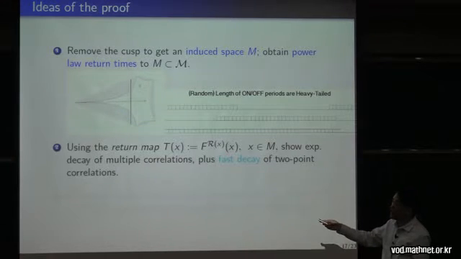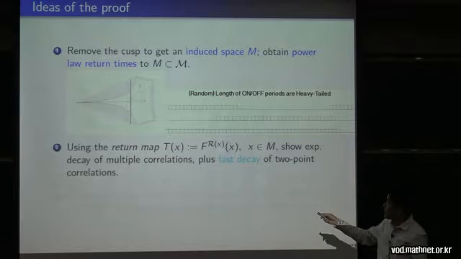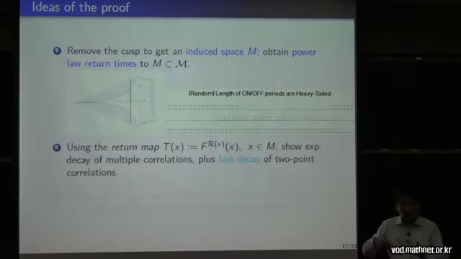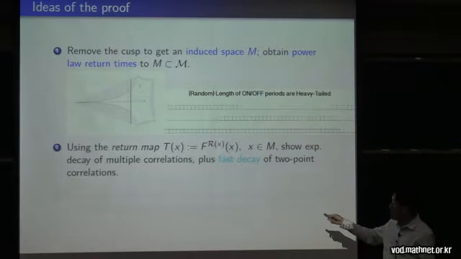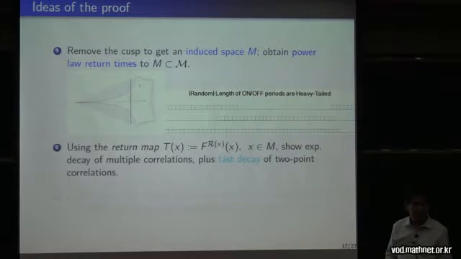How many times do I hit this cusp before moving back to the east side? If I get here 10 times, then r is equal to 10. And now T is just F to the r. So it's a random time, depending on the point at which I left and the angle at which I left. But it's a time nonetheless. This is sort of a random composition of this map. Okay, so that's my new dynamical system.